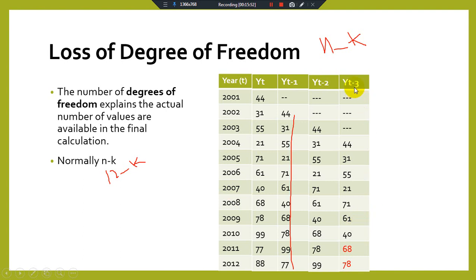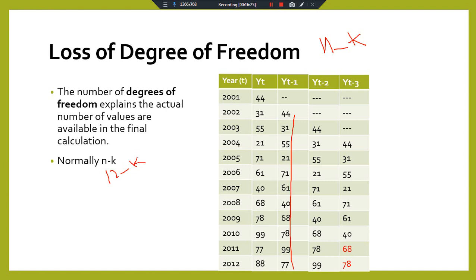So if we have 3 lagged periods, then we have only 9 observations for the empirical analysis. So keep in mind that the more lags we include, our degrees of freedom will be reduced, because we have to include an independent variable as well as a constant for the parameter point of view.